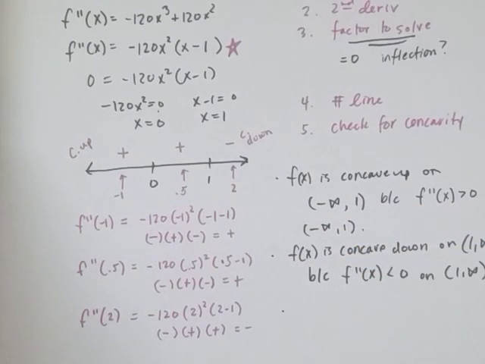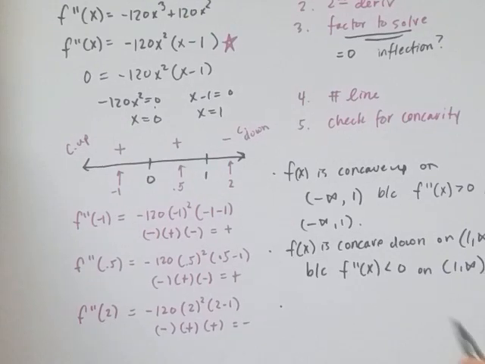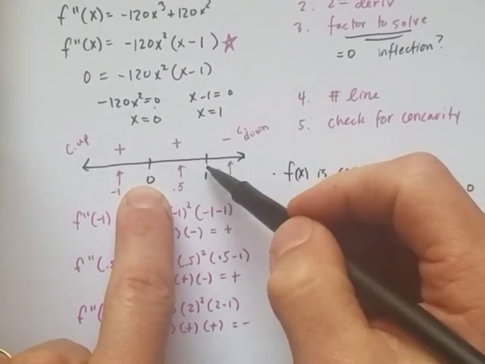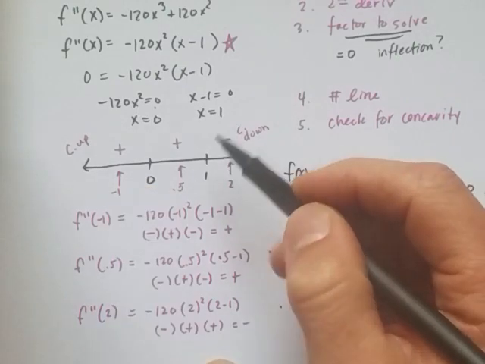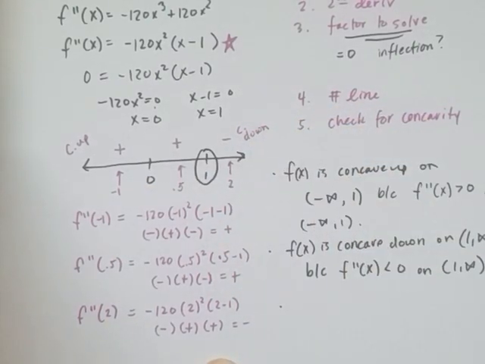The last thing is to identify all the inflection points, and remember that these two were potential inflection points because inflection points will have a second derivative of 0. But this is the only inflection point because it also has to change concavity.